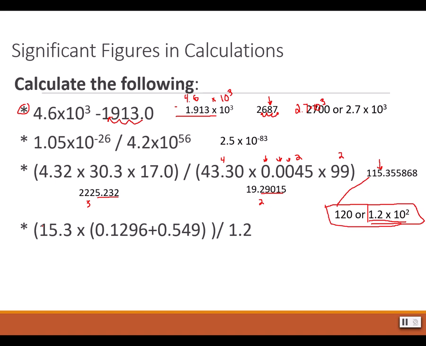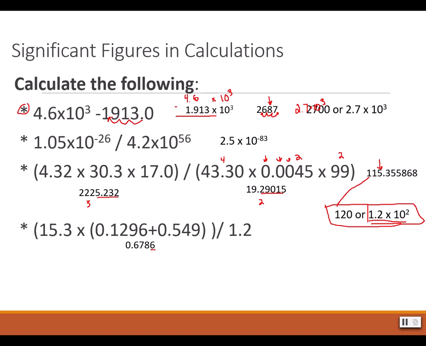Now let's end this practice with doing some division, multiplication, and addition. Once again, we need to do things that are in parentheses first, and we need to do that inner parentheses first. When I add those two numbers, this is what I get. I need to remember, though, that that 6 is not significant.